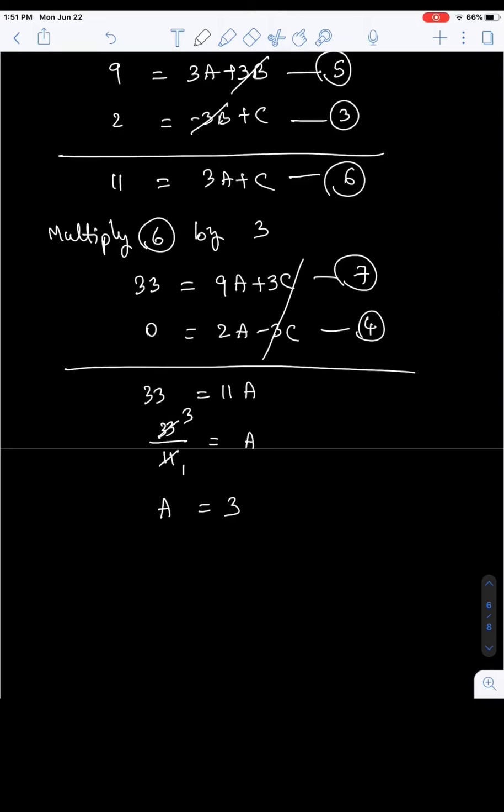Okay. We can use any equation to get the other terms. Here equation 6 is visible. So having a, we can find c by substituting the value in it. Substitute a is equal to 3 in equation 6.